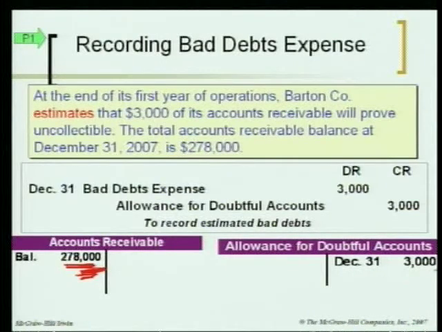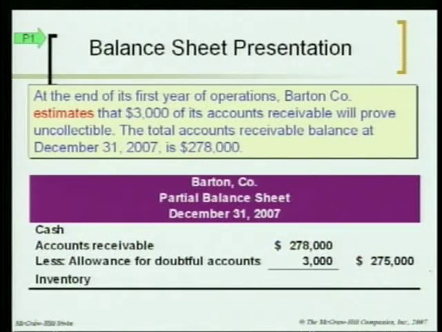We credited not AR, but allowance for doubtful accounts. And the way this looks on the balance sheet is like this, kind of like accumulated depreciation. We have our asset minus our contra asset, and that equals our net amount.